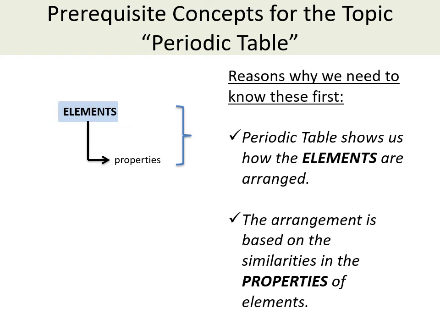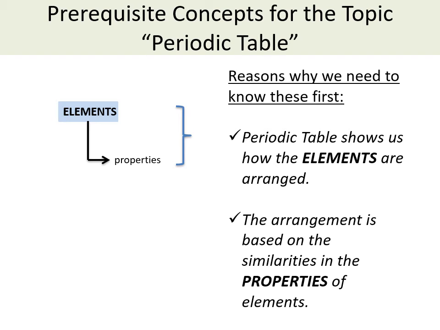Dito, tignan natin. I have here some reasons why we need to know this first. Yung mga diniscuss natin kanina, kailangan natin yun malaman because these are prerequisite concepts on our topic on the periodic table. Okay. So, mayroon ako dito sa aking diagram.